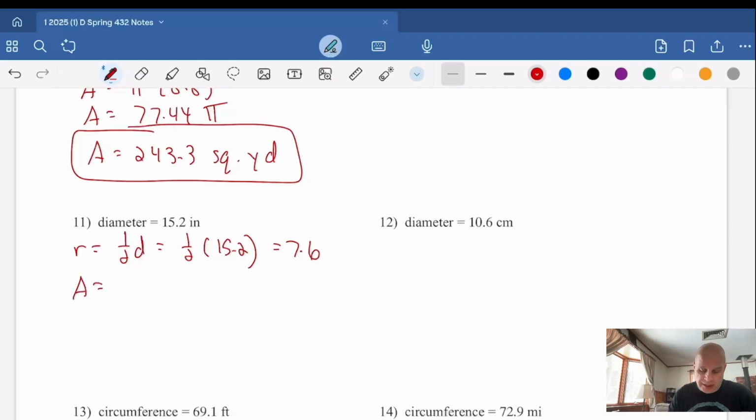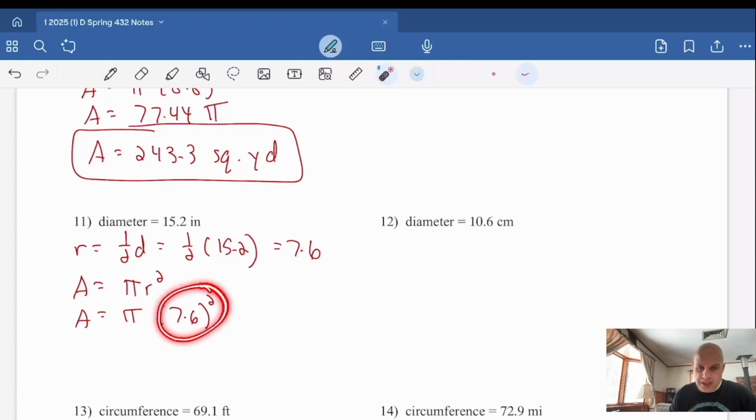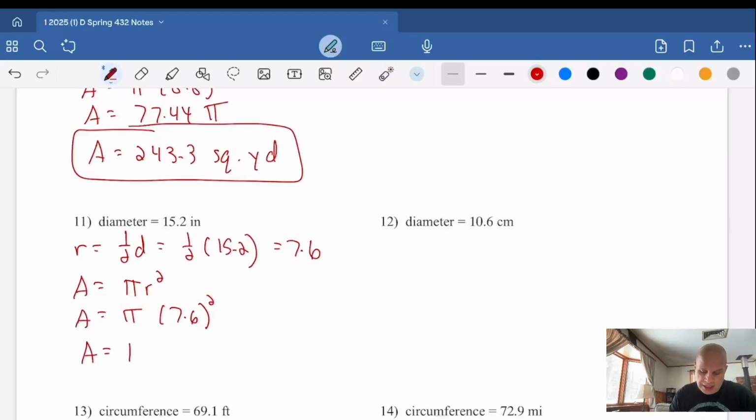Now I can use that in my area formula. A equals pi r squared. So that's going to be pi times 7.6 squared. You could do 7.6 times 7.6, get that answer, multiply that by pi, and you should get 181.5 square inches.